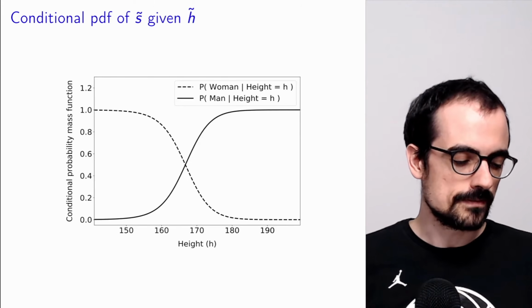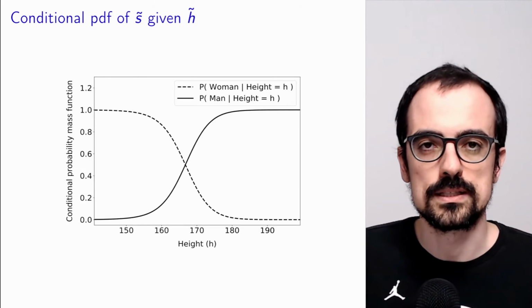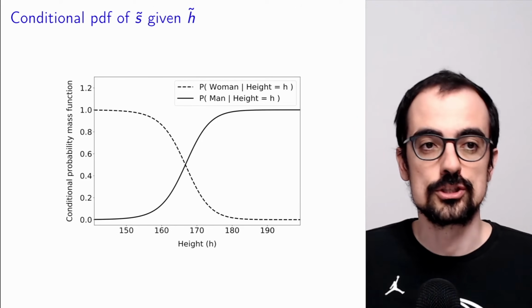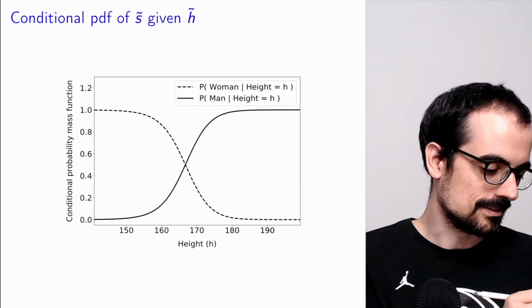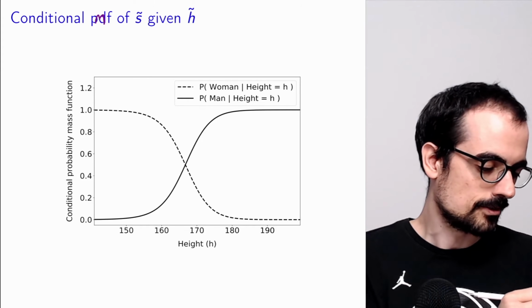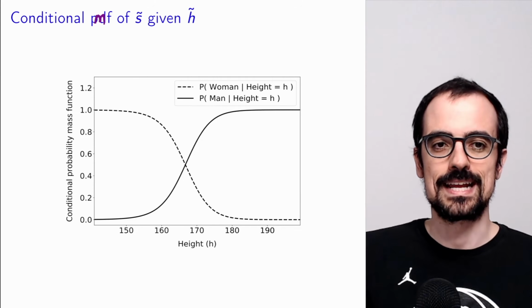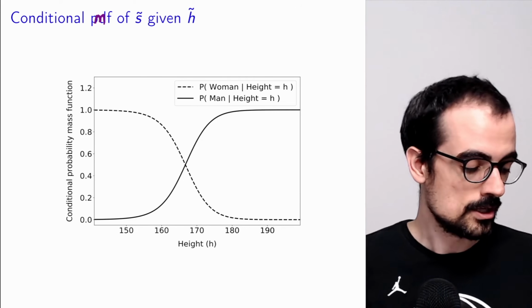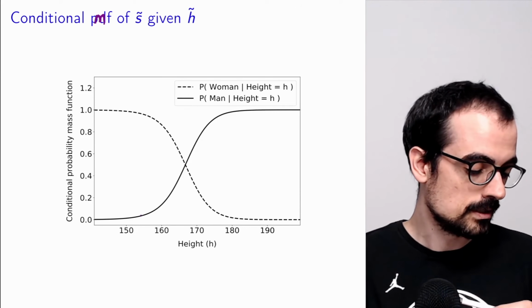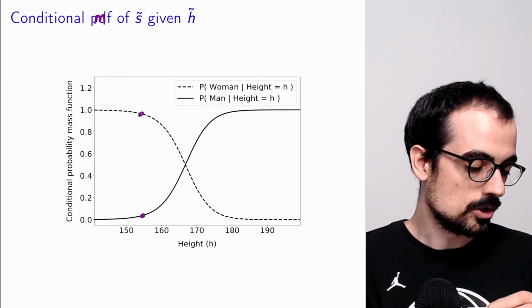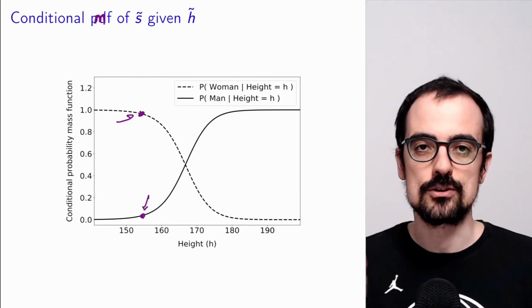Then as a function of h, this is what the conditional PMF of sex given height looks like. Just to be clear, for each height, we have the probability of woman and the probability of man, and this is a PMF. We have a conditional PMF for every value of height.